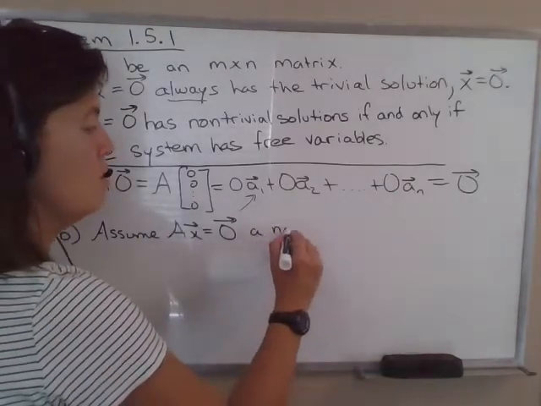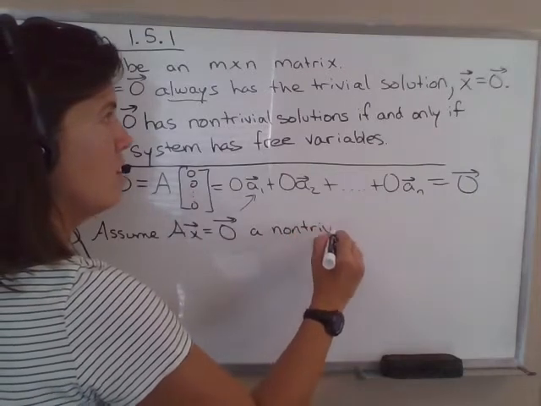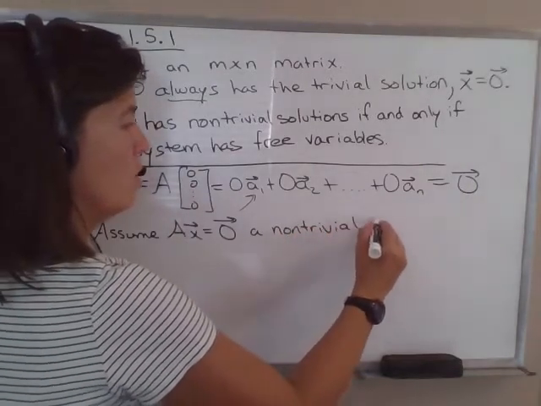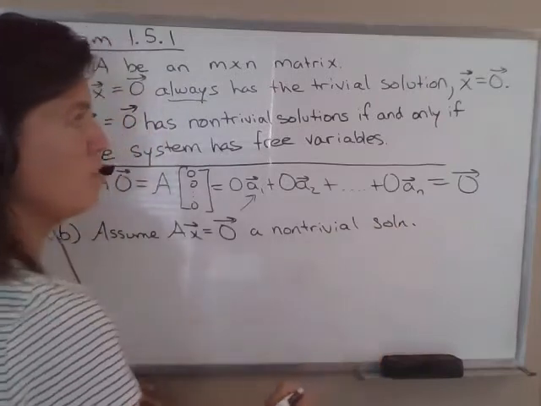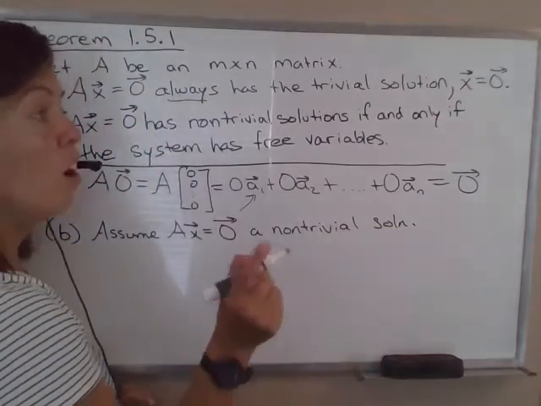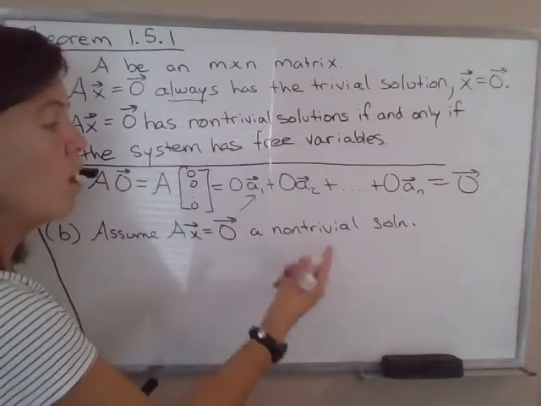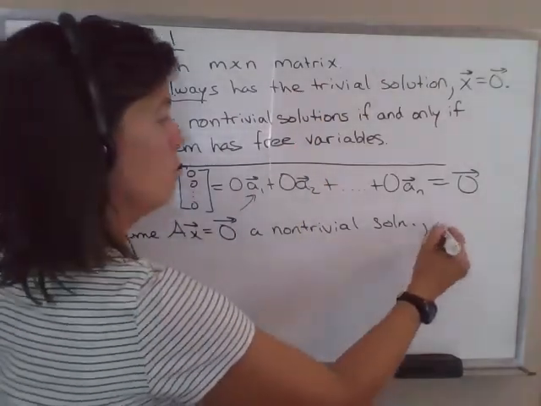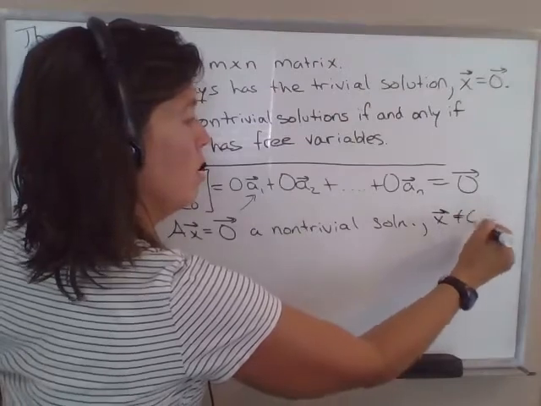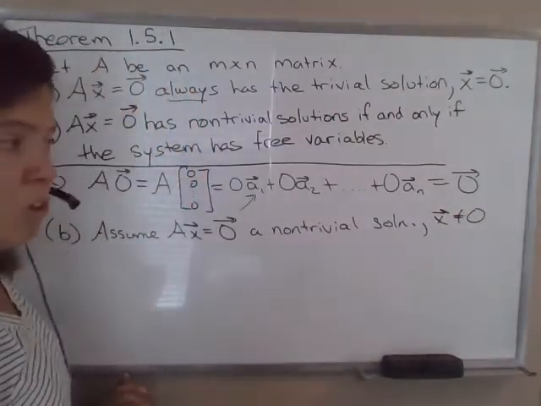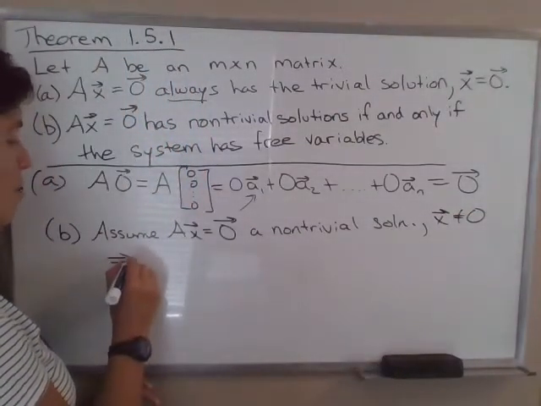It's got some solution that's not x equals 0. But we know that it definitely does have the solution x equals 0. Just here we're saying it also has some solution where x is not equal to 0.